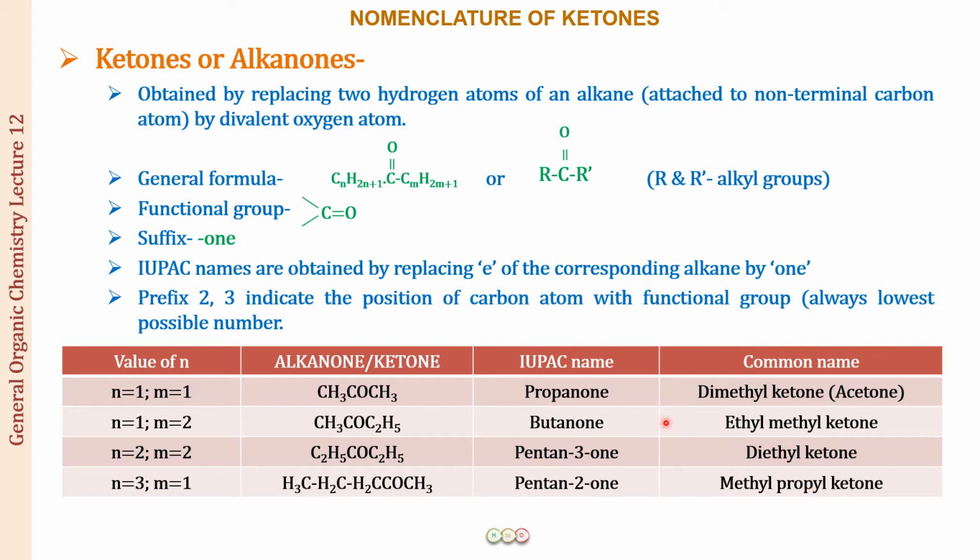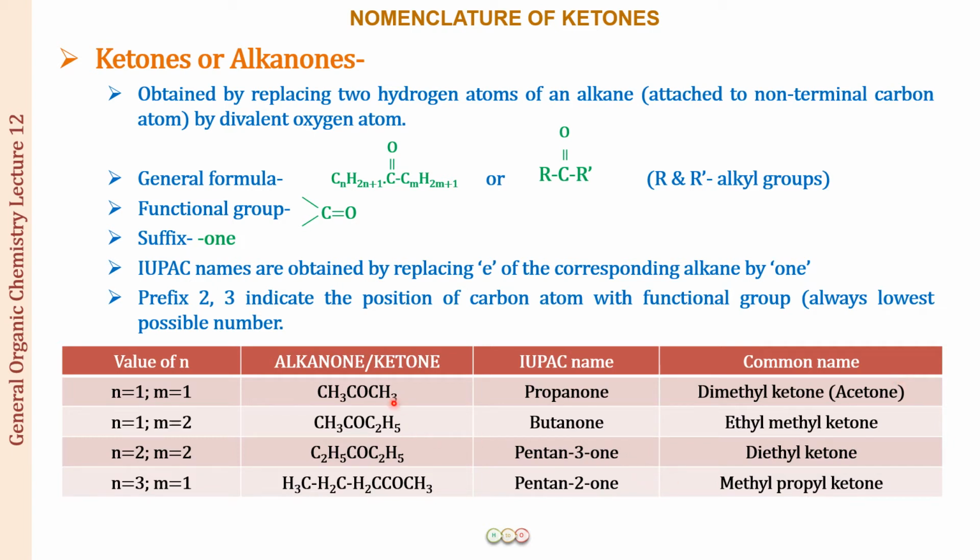One common name for this propanone is acetone. Please do remember the common name for this compound is acetone. One thing you have to remember is how to differentiate between acetaldehyde and acetone. Acetaldehyde is a 2 carbon molecule, whereas acetone is a 3 carbon molecule.